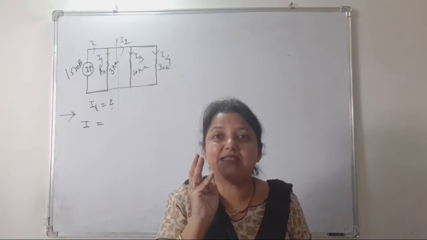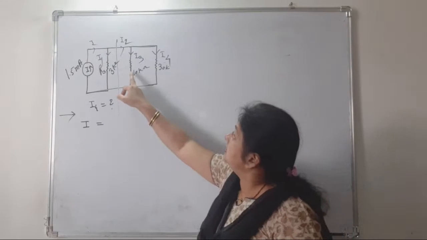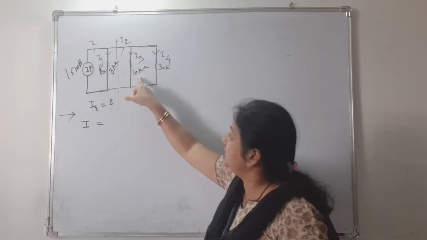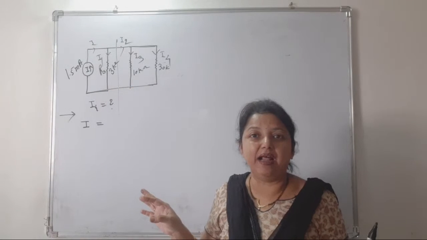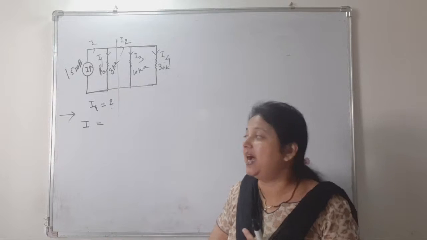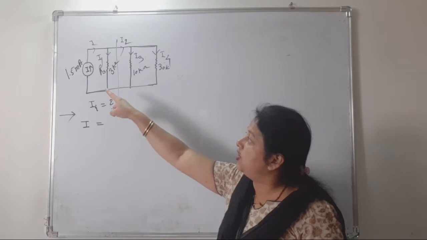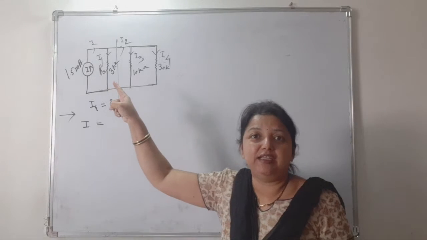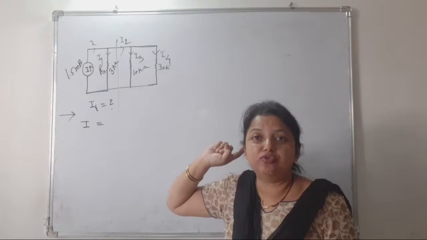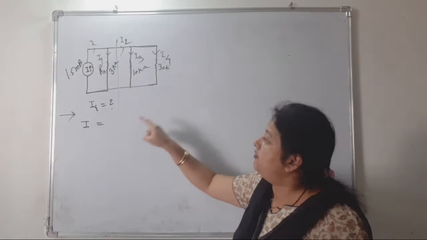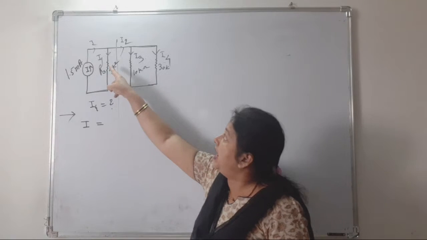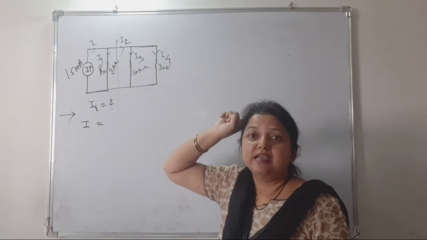Consider that Rs, R3 and R4 are in parallel, and the overall current through that parallel combination is I, which is 1.5 into 10 raised to minus 3 ampere.